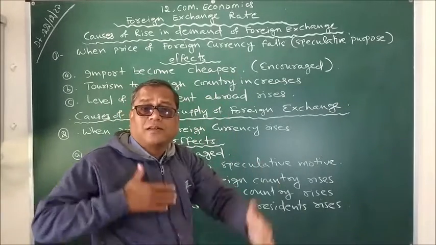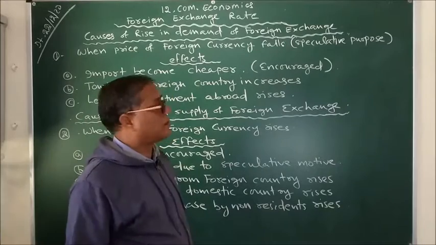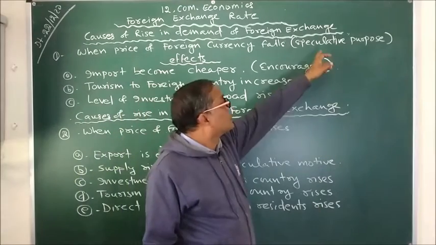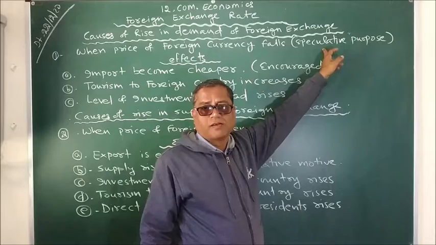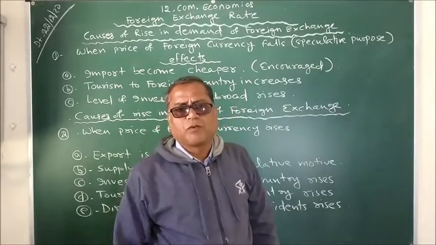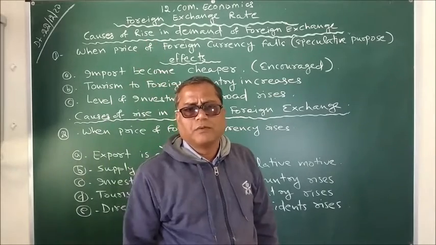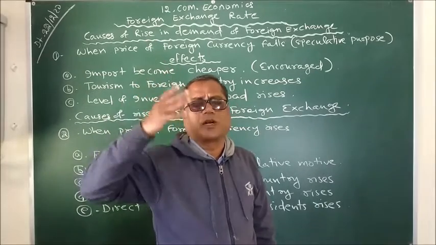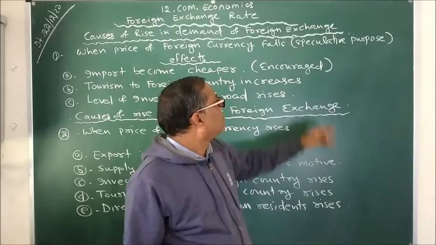So, when the price of foreign currency falls, what happens? People start demanding more of foreign currency. Why? The purpose is speculative. What speculation do people usually do when foreign currency depreciates?